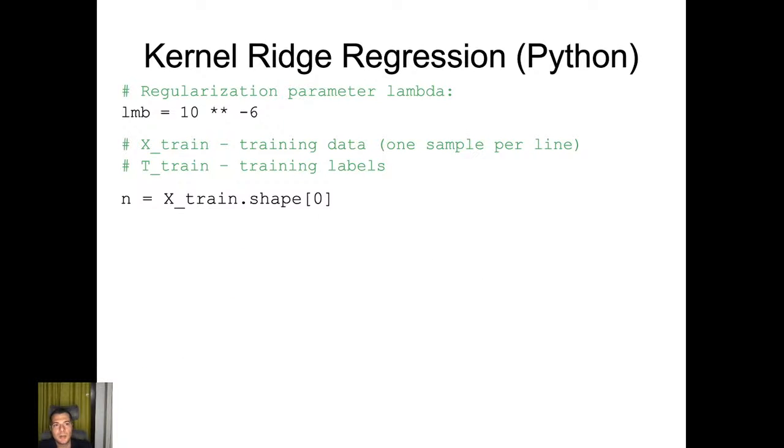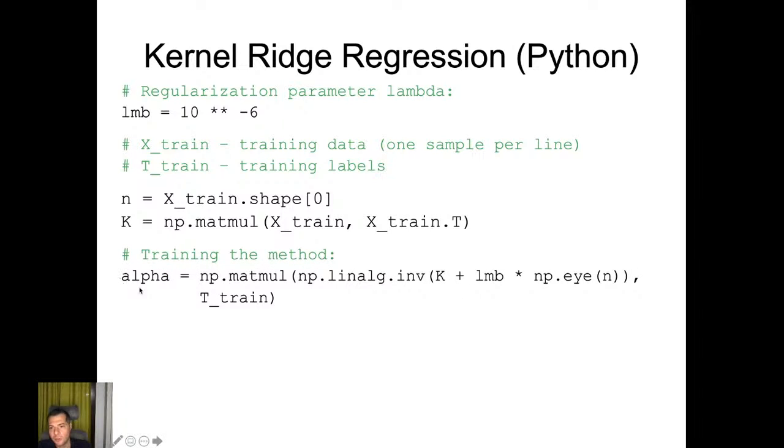Then we have the Python implementation. Kernel ridge regression in Python is equivalent to this solution. We compute the dual weights alpha as the product between the inverse of the kernel matrix K plus the regularization term, which has the regularization parameter lambda multiplied with the identity matrix with n components, and the labels, the vector of labels y.